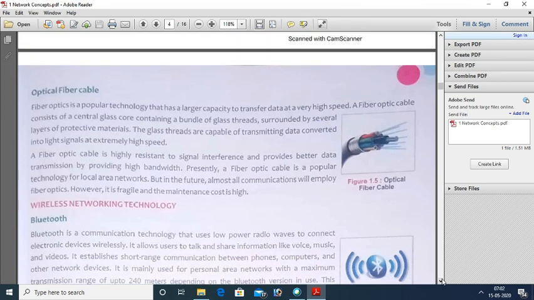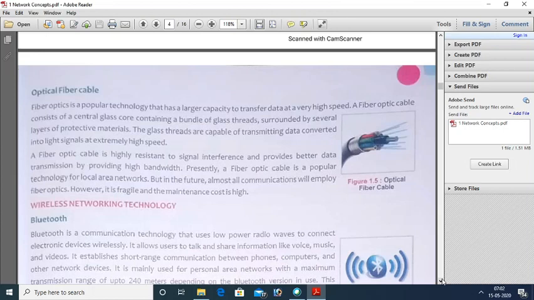Now optical fiber. Optical fiber is a popular technology that has larger capacity to transfer data at very high speed.